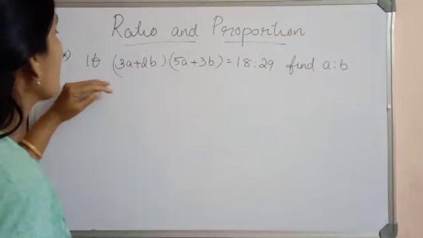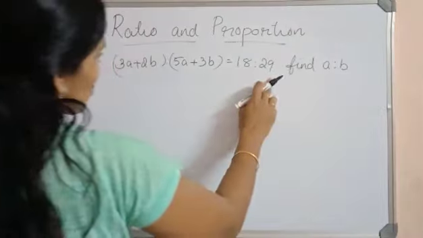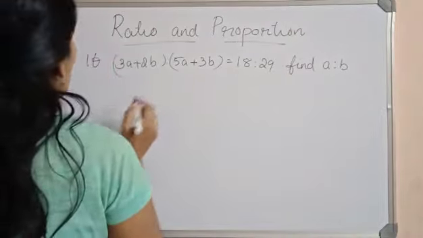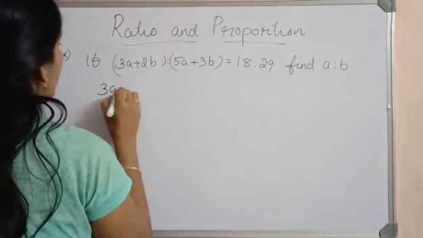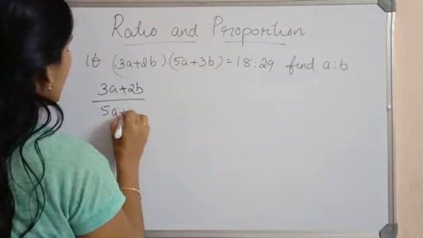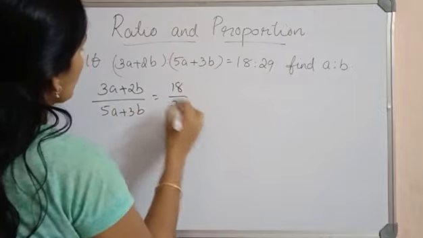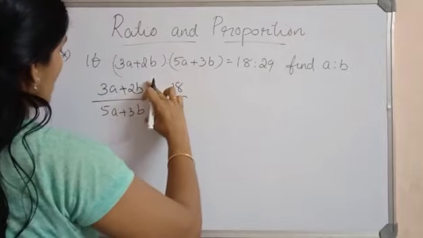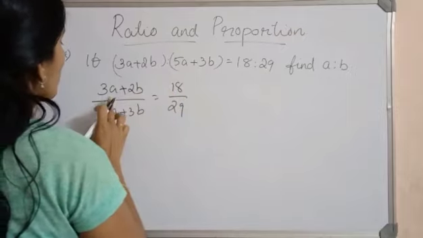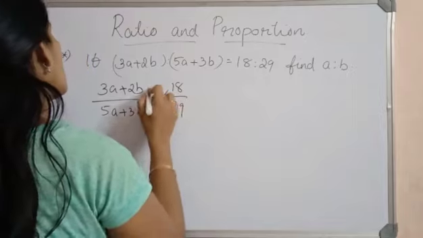Consider the next question. If 3a plus 2b is to 5a plus 3b is equal to 18 is to 29, find a is to b. So let's write this: 3a plus 2b by 5a plus 3b is equal to 18 by 29. This is a ratio and it can be expressed in this format. Now let's cross multiply.